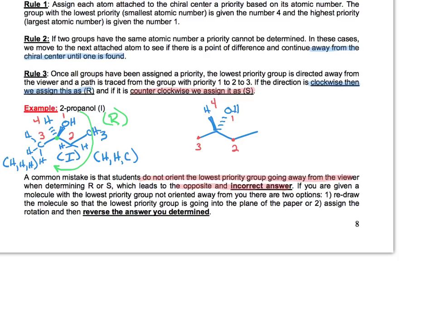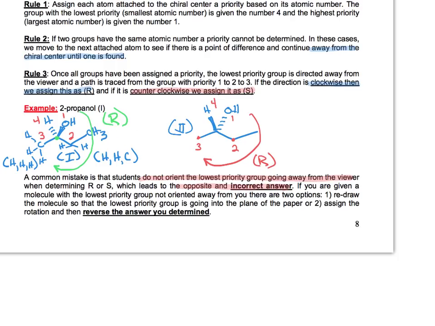It needs to go away from the viewer to assign R and S. So if we assign R and S to this as it is written, 1, 2, 3, that's saying that this is also R. Well, that can't be the case, because this is compound 2, and compound 2 is the mirror image of compound 1, and they can't have the same designation.